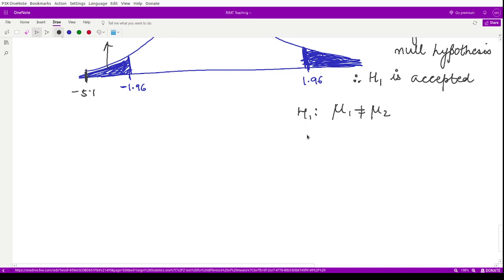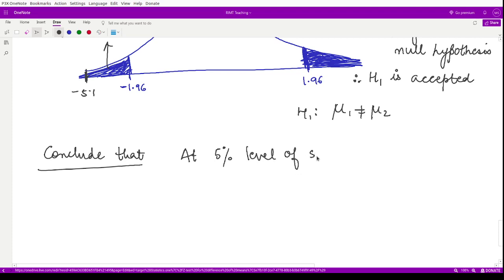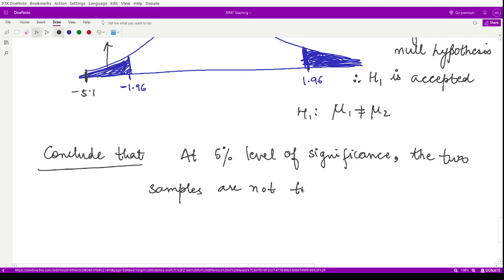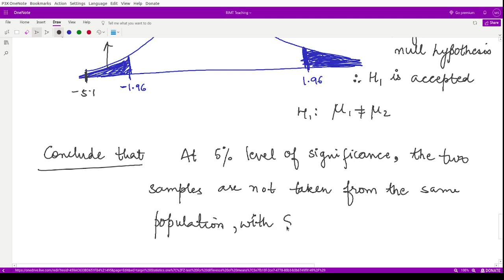So therefore we may conclude that at 5% level of significance, the two samples are not taken from the same population which has standard deviation 2.5, which we have utilized here. So this is the result and the conclusion made by statistics.